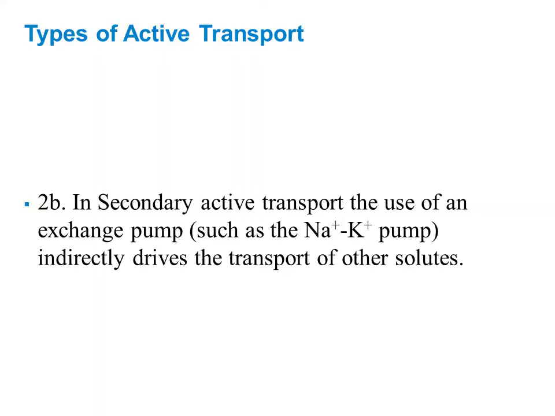The second type of active transport is called secondary active transport. It is going to use an exchange pump, such as the sodium-potassium pump, indirectly while it moves another type of solute.